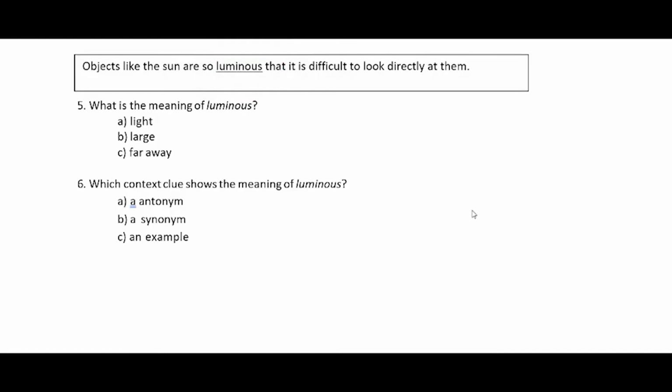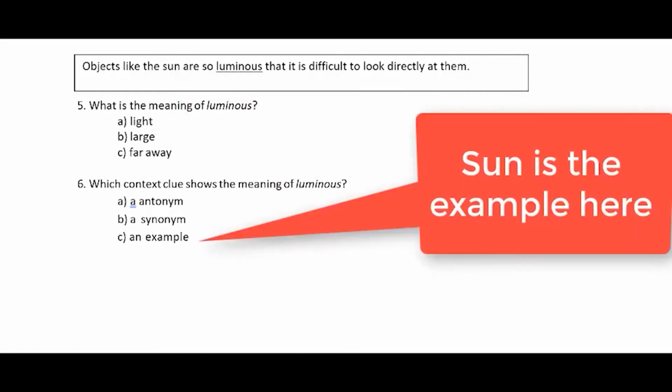Maybe it could be an example here, right? This is an example because they're using the sun as an example. So objects like the sun are so luminous that it's difficult to look at them directly. So they're using the sun as an example of being luminous.